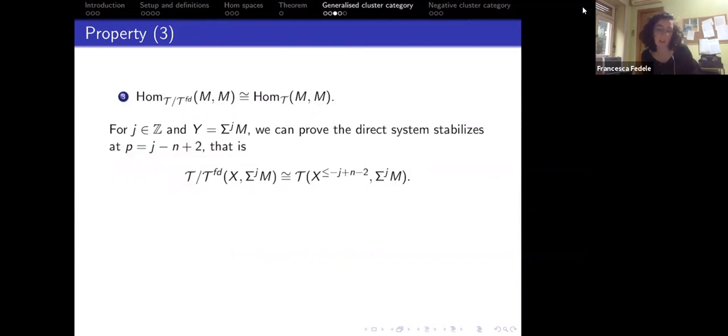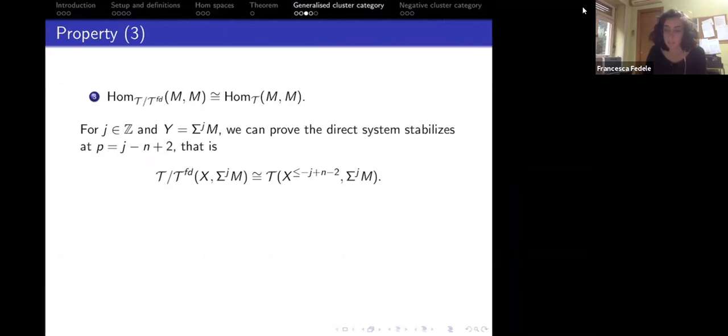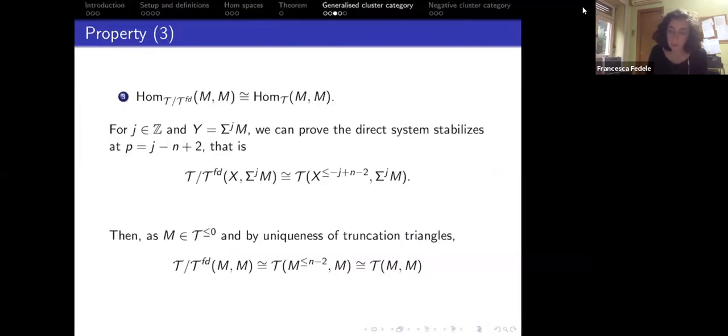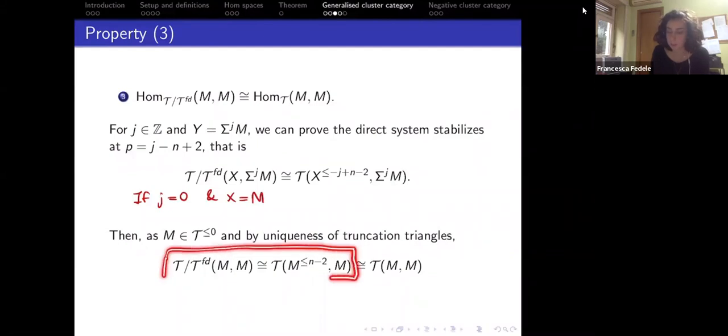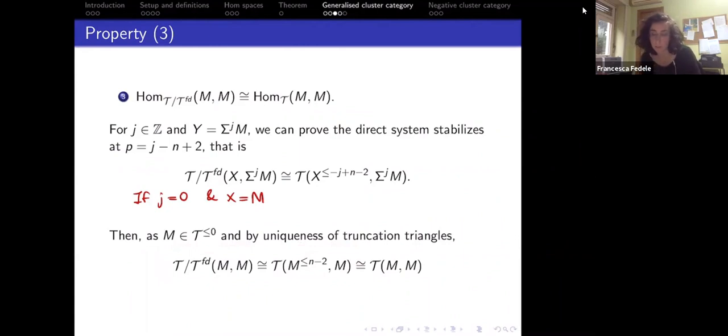So T over TFD of X comma sigma j of M is isomorphic to this T of X less than or equal to minus j plus n minus 2 comma sigma j of M. But then, in the even more special case when j is 0 and X is also M, this gives us this first isomorphism, just by putting X equal to M and j equal to 0 in this isomorphism up here.